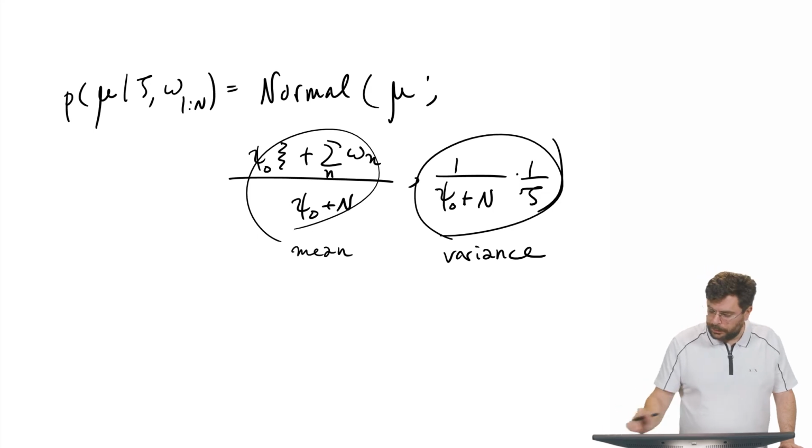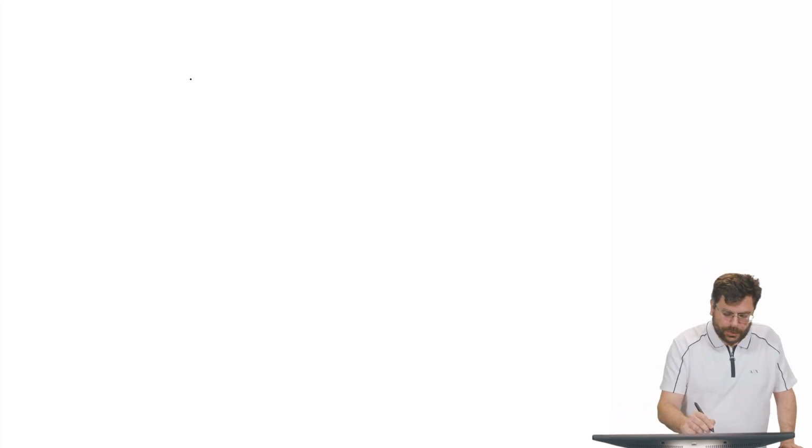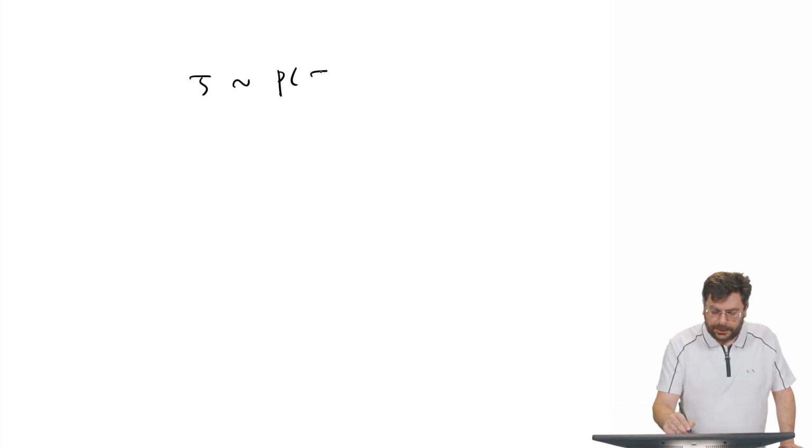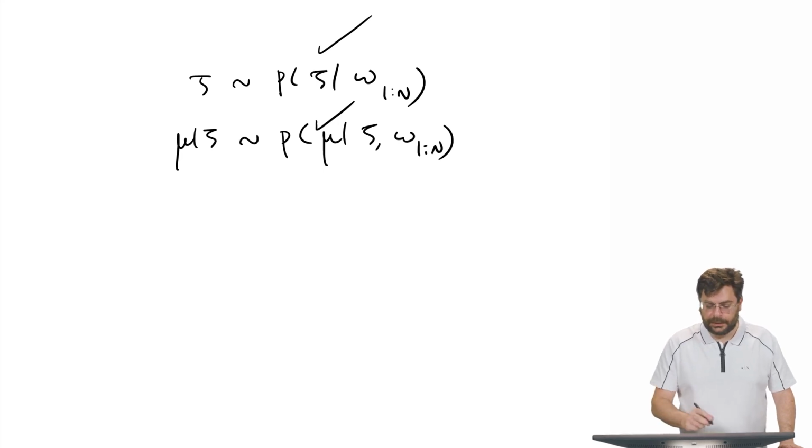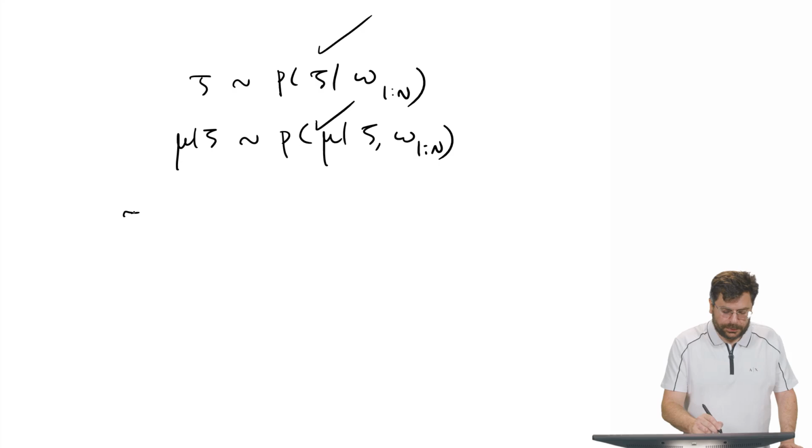So, we have P of tau given the data, and we have P of mu given tau. We know this, we know that. We draw one sample for tau, one sample for mu.